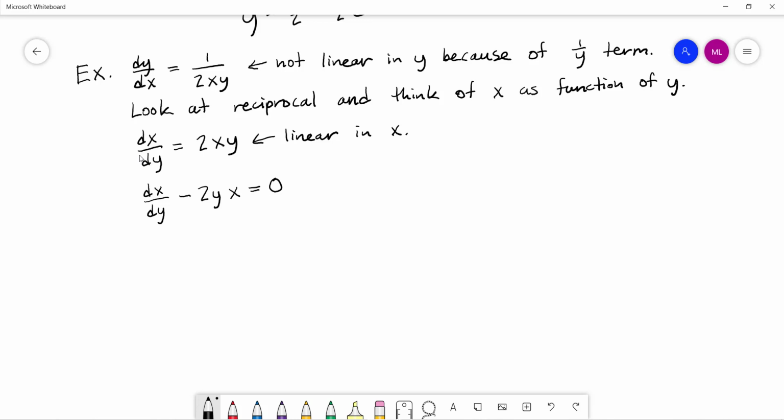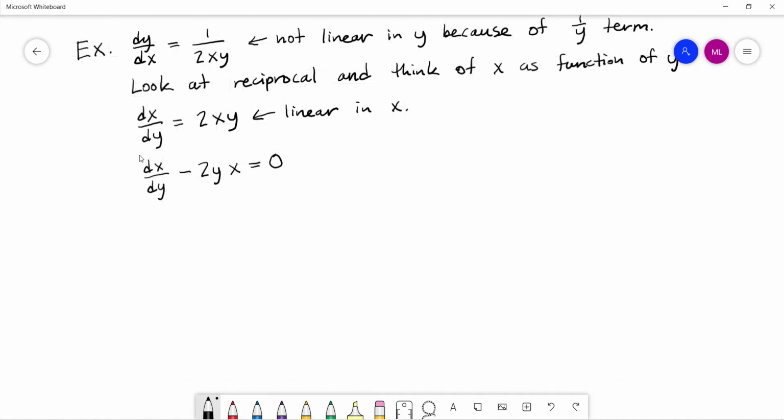We should be able to solve this with an integrating factor. So multiply by our integrating factor, and our integrating factor in this case is going to be a function of y instead of a function of x. So it's going to be mu of y equals e to the integral of our p of y now, which is negative 2y dy.